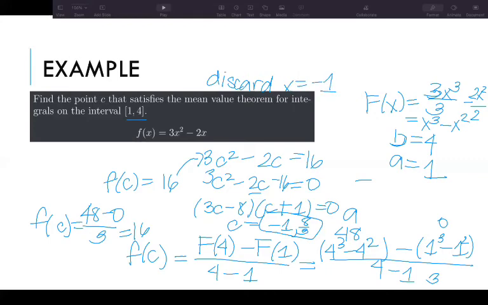This implies that the only value of c is c equals 8 over 3, which is indeed between the interval 1 to 4. So the correct answer for this problem is c equals 8 over 3.